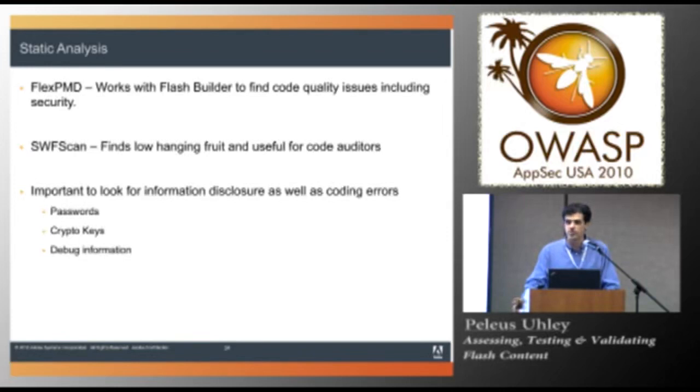So it will flag every time it sees the word password in the SWF. If you're a security auditor, you want to know everywhere it says password, because you're going to manually inspect each one of those lines of code. If you're the developer, you already know where it says password within the SWF, so you may not understand why it's flagging that for you.